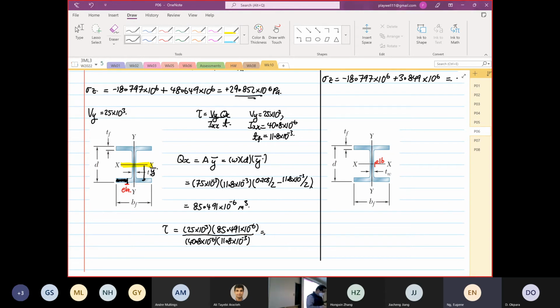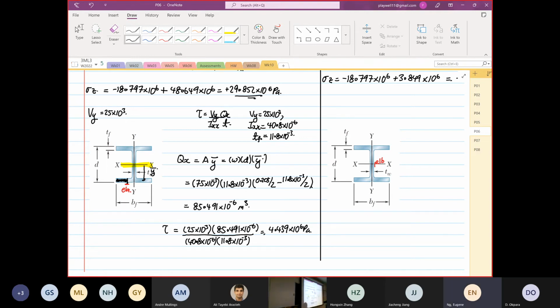It's a wide flange analysis. So this is equal to 4.439 times 10 to the power 6 Pascal. Okay, now there is a direction down here.